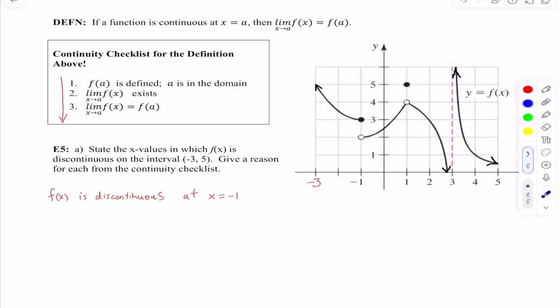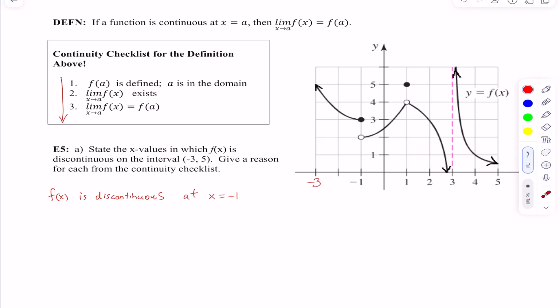However, does the limit exist at x equals -1? I do not believe so. As x approaches -1 from both sides, the corresponding function values do not approach each other. Some of them approach 3, and some of them approach 2.